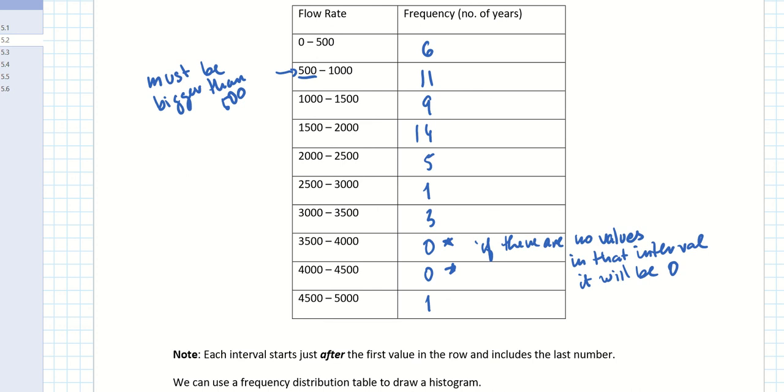Again, you're going to need this because we need to graph it. Again, the note at the bottom says each interval starts just after the first value in the row and includes the last number. So the last number in each interval is included, whereas the one after it has to be bigger than that number.